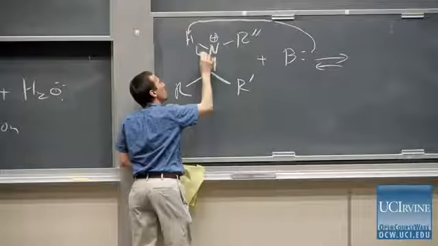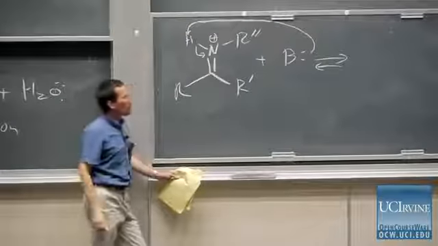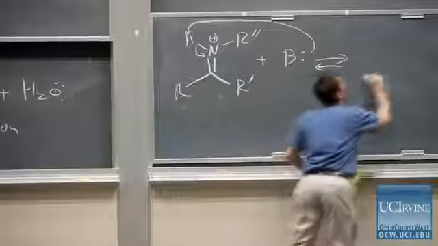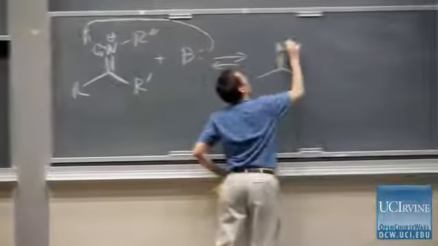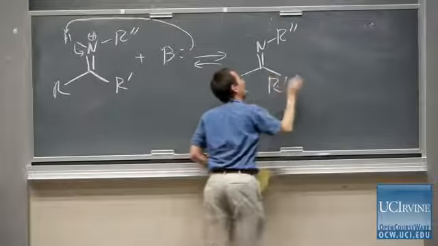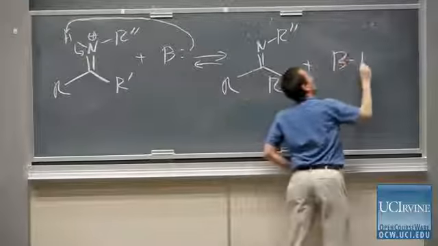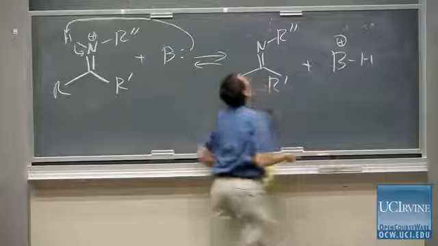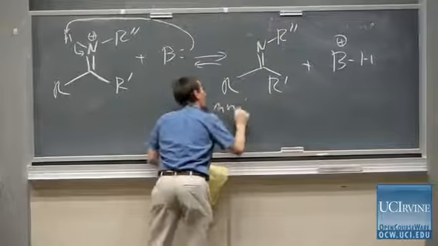Electrons flow from the base to the proton. We pull the proton off, and we end up with our imine.